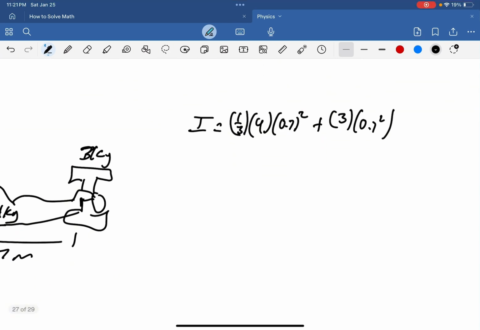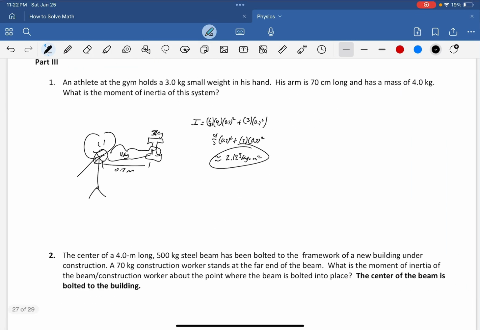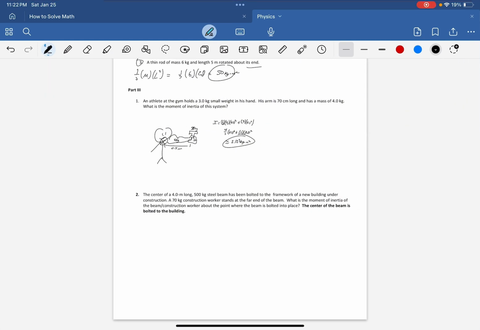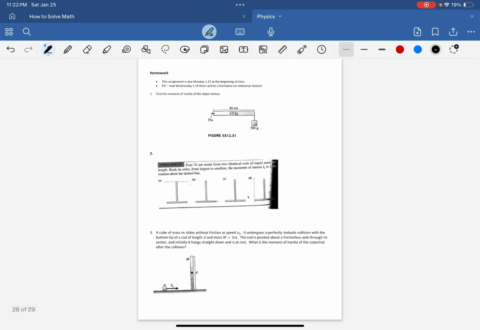So once we add all of this, we're just going to get 4/3 times 0.7 squared plus 3 times 0.7 squared, which is going to get us around 2.123 kilograms per meter squared. There we go. See, this is how we apply this to real life. Anyways, I'm not going to do the other one. You can do it if you want to. I'm just going to move on straight into the homework.